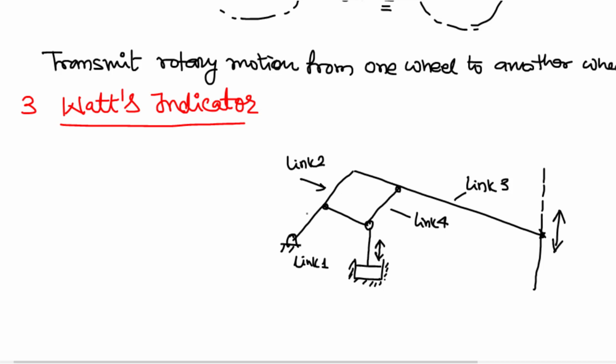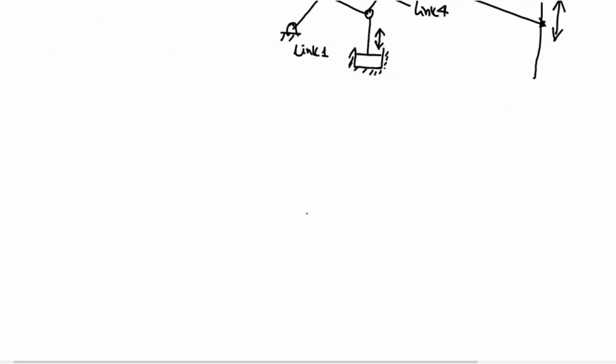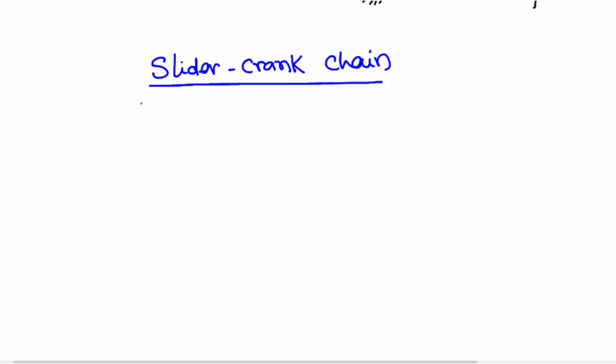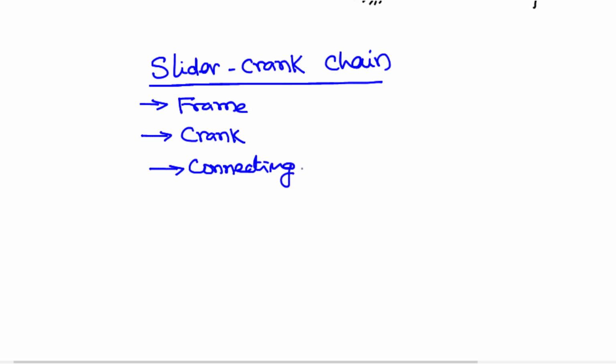Now next, single slider crank chain. Single slider or slider crank chain having frame, crank, connecting rod, and fourth one is cross head or slider.